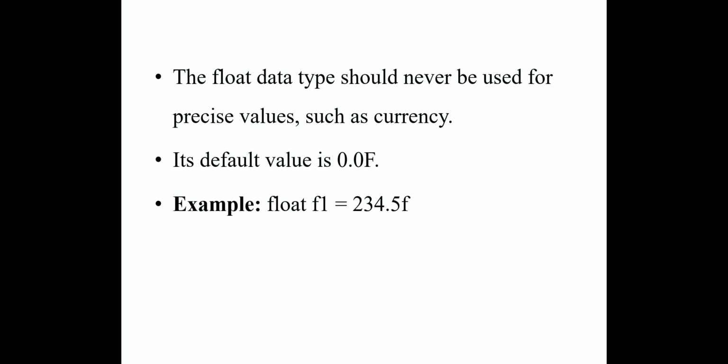The float data type should never be used for precise values such as currency. We cannot use float for currency, and the default value is 0.0f. For example, we can assign a floating point value to a float variable: float f1 equal to 234.5f.